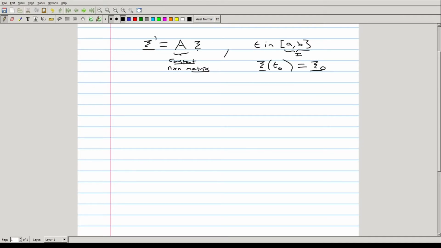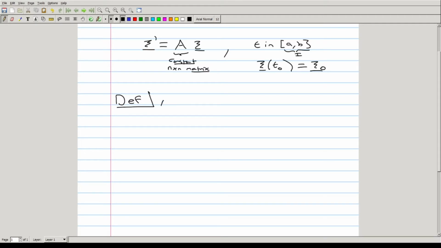So what we will see is that the solutions of this type of system of first order ODEs are very, very closely linked and dependent on the eigenvalues and eigenvectors of the matrix A. So this is a little bit of a review from linear algebra.